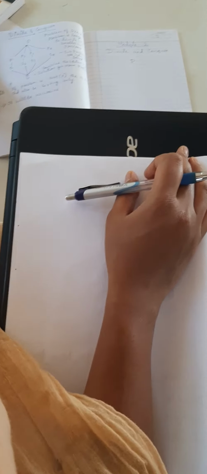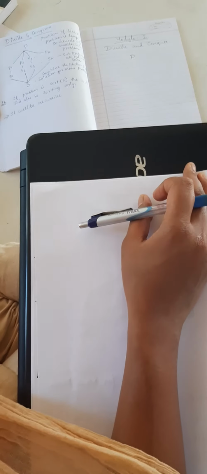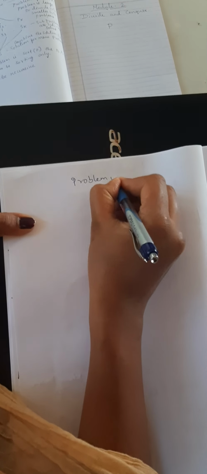This will represent in the form of a figure. The figure is like this. We have a problem of size n. This problem of size n is divided into, as I told you earlier, sub-problem A of size, here it is n, so as it is a sub-problem, we'll make it as n by 2.